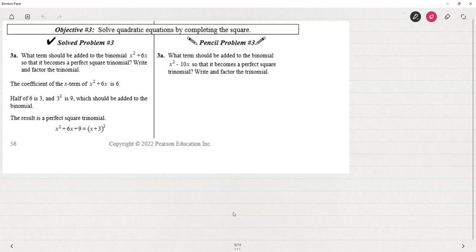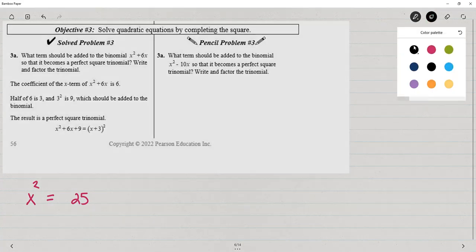Now, this completing the square, if you have in mind the idea of what we're doing here, we're trying to get a quadratic equation in a format like this, x squared equals 25. And if you have in mind what the goal is, then doing this work might be a little easier. But I will say it is a process.